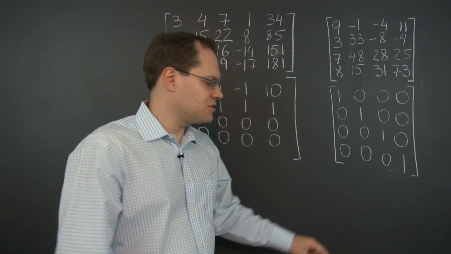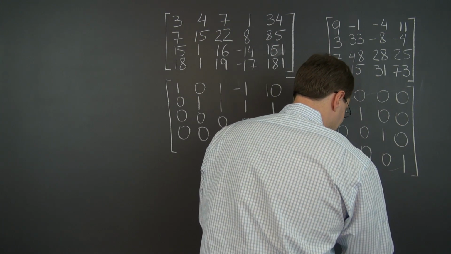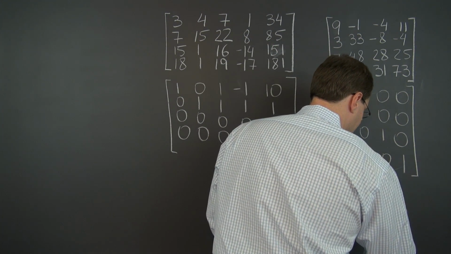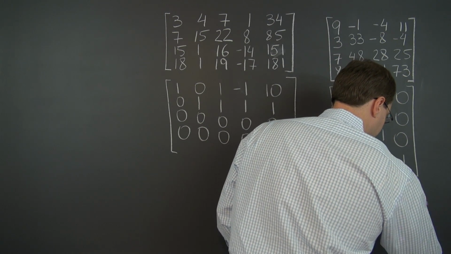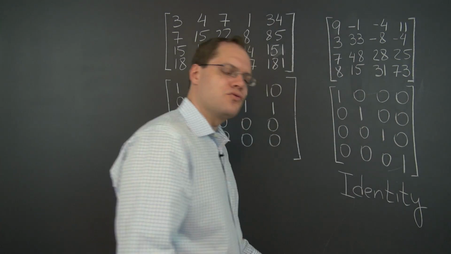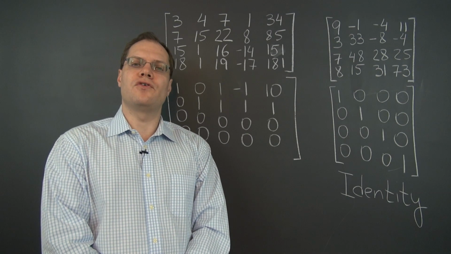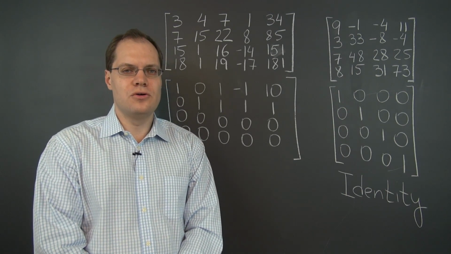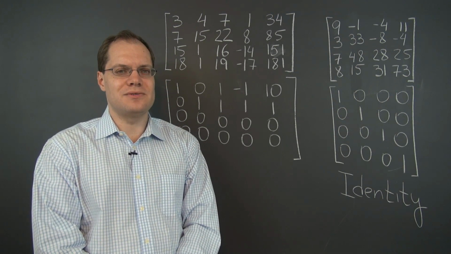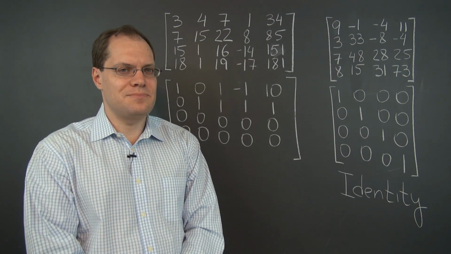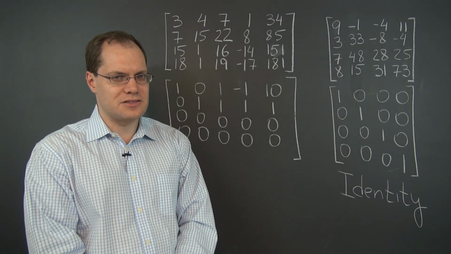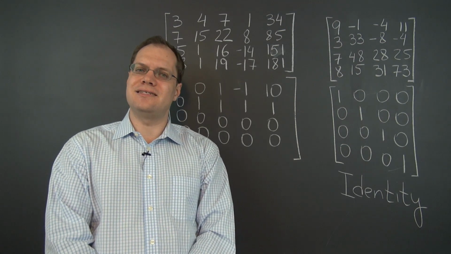And for that very special property, it is called the identity matrix. So the row-reduced echelon form for a square matrix with linearly independent columns and therefore linearly independent rows, remember the rank discussion, is the identity matrix.